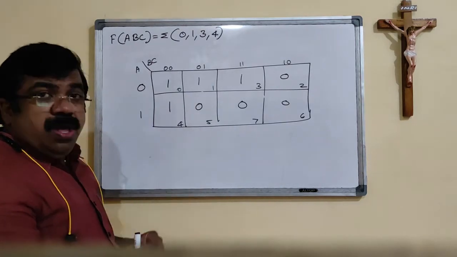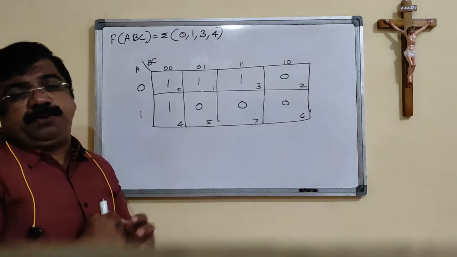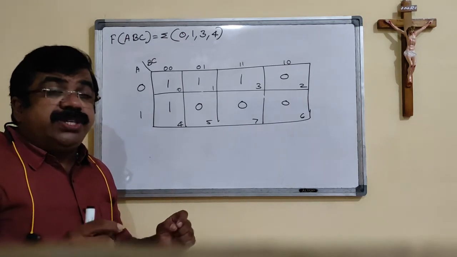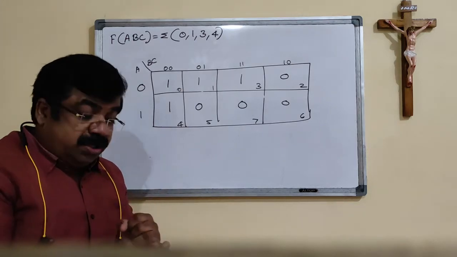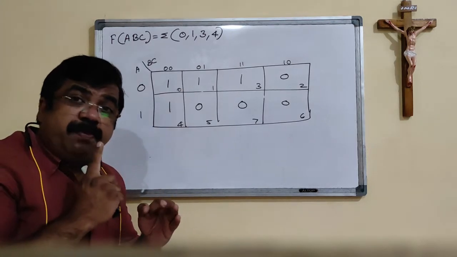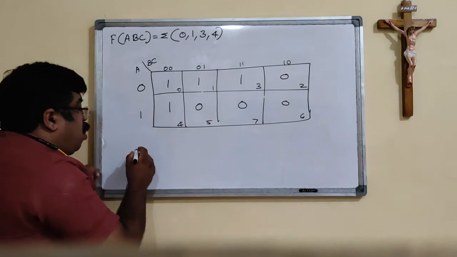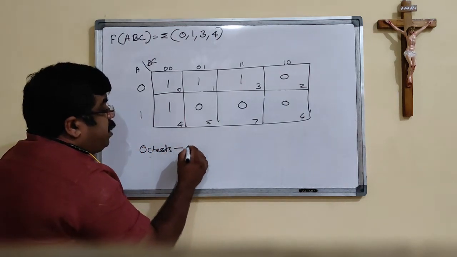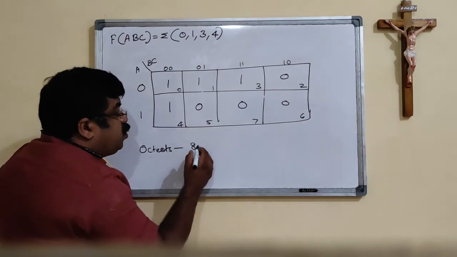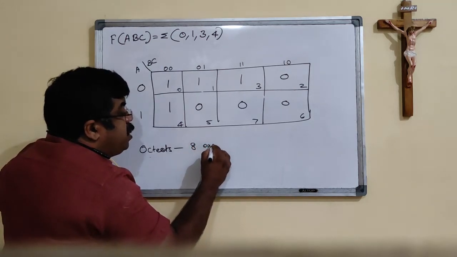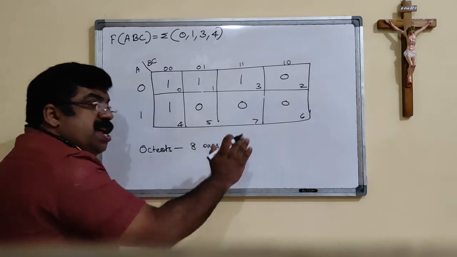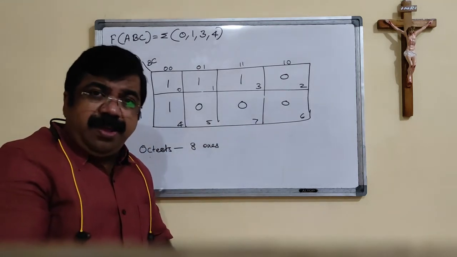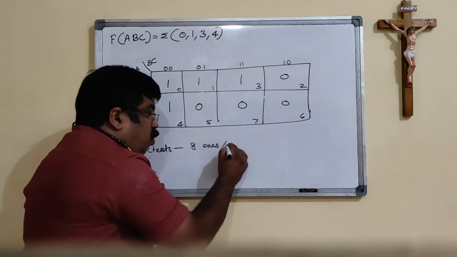Okay, now in order to reduce this expression, we have to go for finding out certain octets, quads and pairs. What are octets? Octets means 8 ones or 8 data items are coming in the adjacent way. 8 ones or zeros.